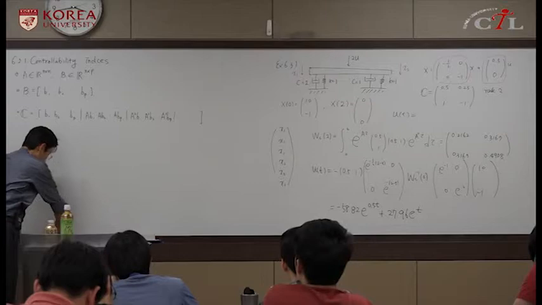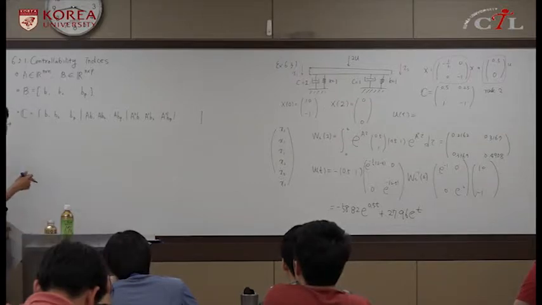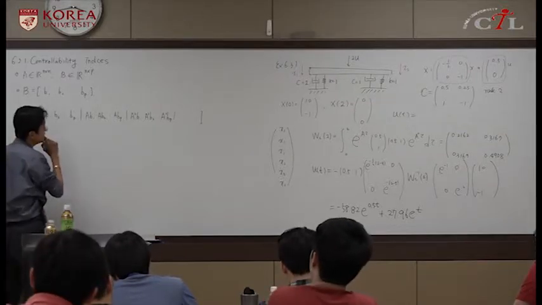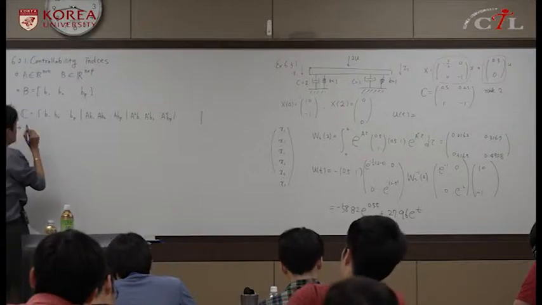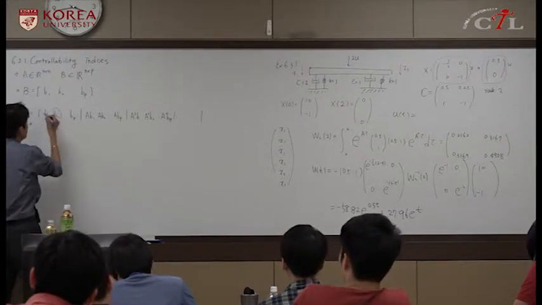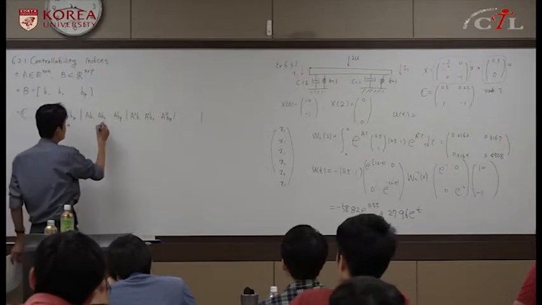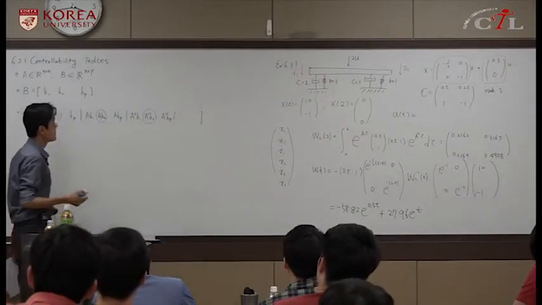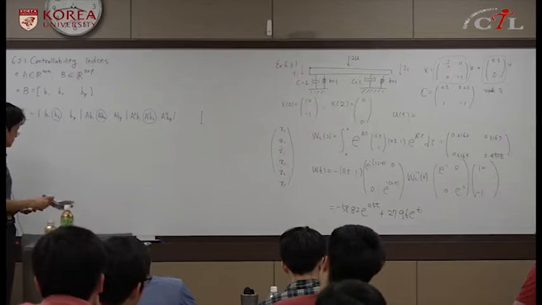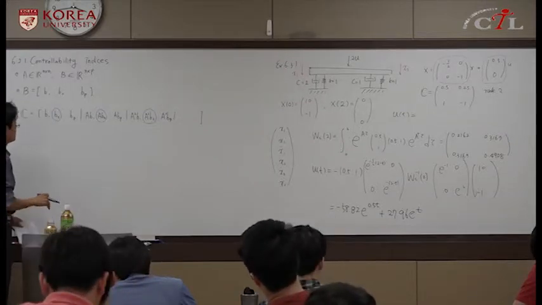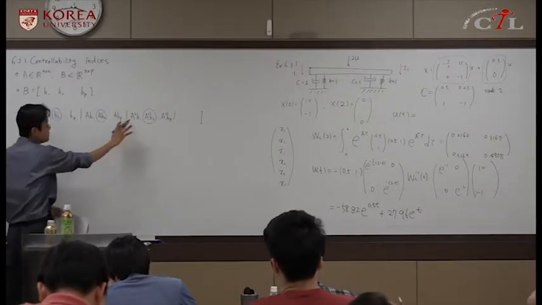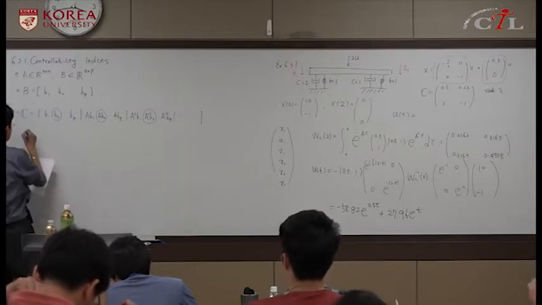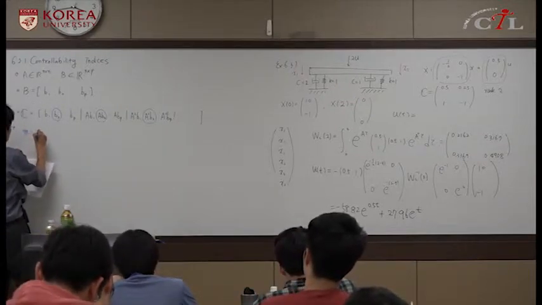And among them, let's select one column. For example, B2. We can take whatever. Then we may write the B2 terms, for m equal to 2.